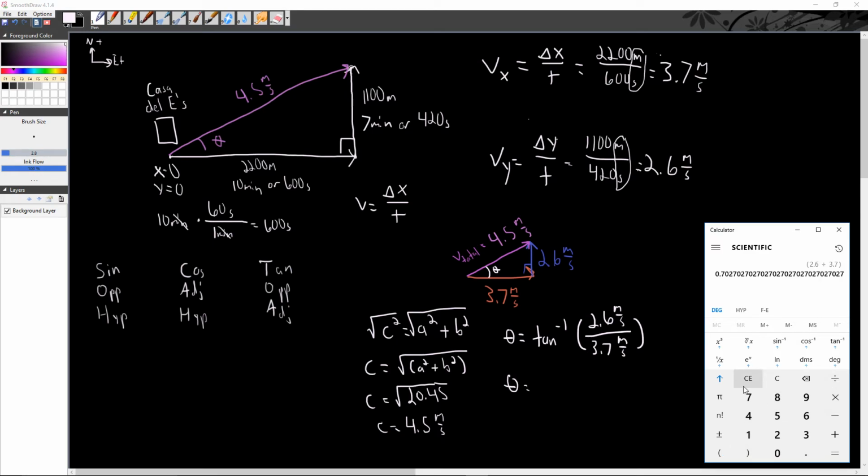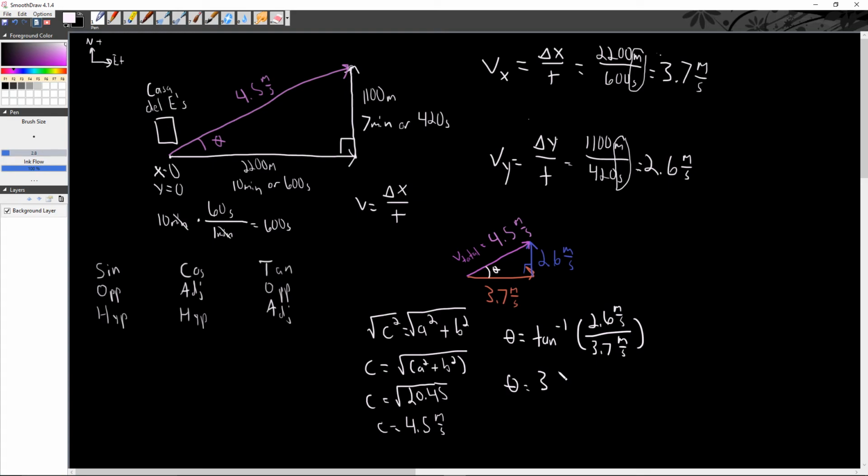I'm going to close parenthesis on that. Now I'm going to hit inverse tangent, and that tells me this angle right here is, let's just go, 35 degrees. So this angle here, 35 degrees.